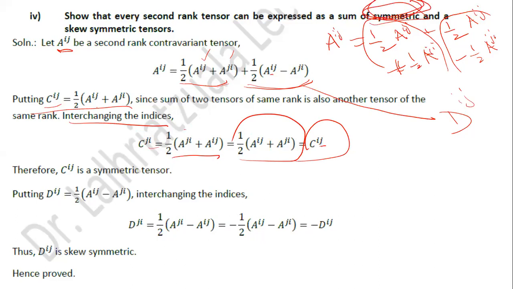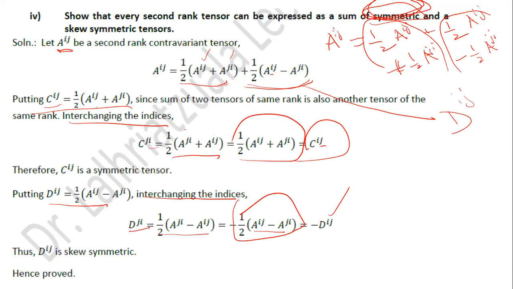Now, if you look at the second term, the subtraction here, which we defined as Dij. Now, if you interchange the indices, Dji, this becomes Ji, this becomes Ij. So if you take a common factor as minus here, you will get this term. So this term is your Dij.